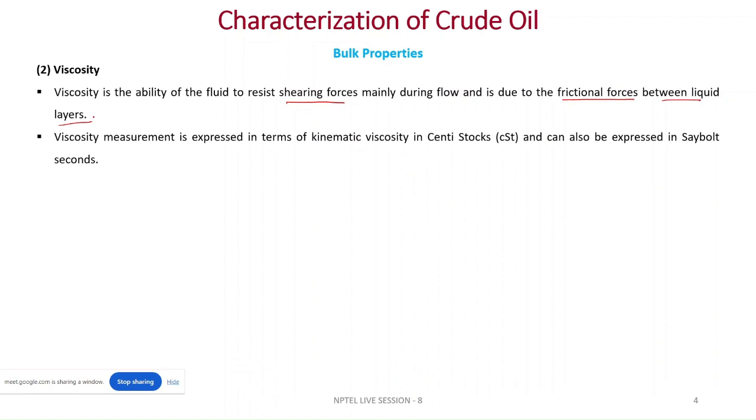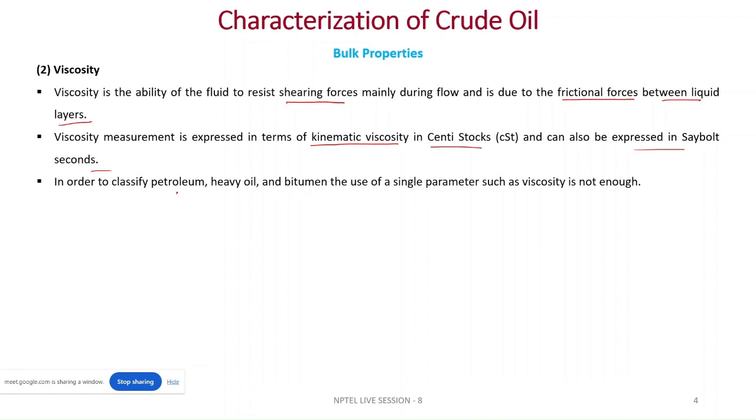We all know this definition, and it is covered in detail in the fluid mechanics course, right? Viscosity measurement is expressed in terms of kinematic viscosity. It is measured in centistokes, or it can also be expressed in Saybolt seconds.